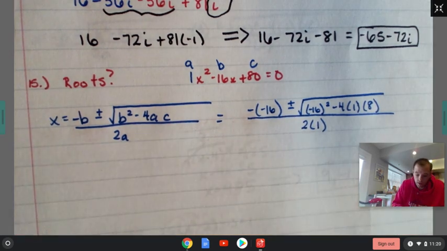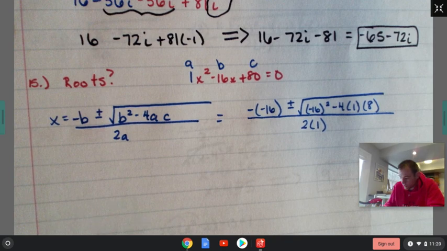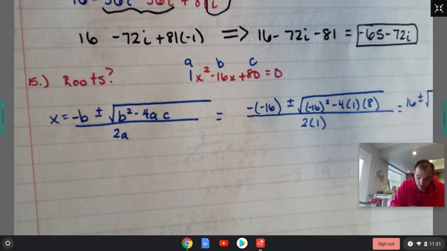I'm going to need my calculator, just like probably some of you will need it as well. Then we just simplify. Negative 16 becomes positive 16. 16 squared is 256. Double check my math.